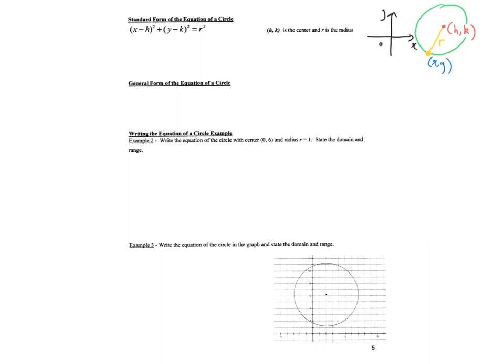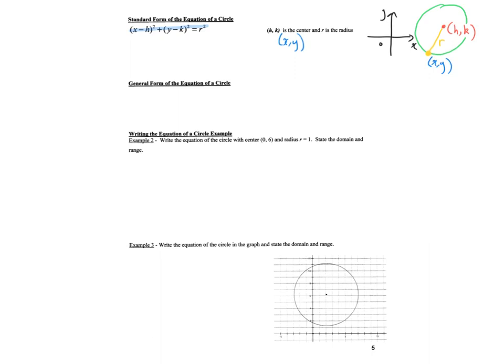So here we see the standard form of the equation for a circle. It's x minus h all squared plus y minus k all squared equals r squared, where h comma k is the center of the circle and r is the radius, and x comma y is some point satisfying that equation and therefore lying on the circle.